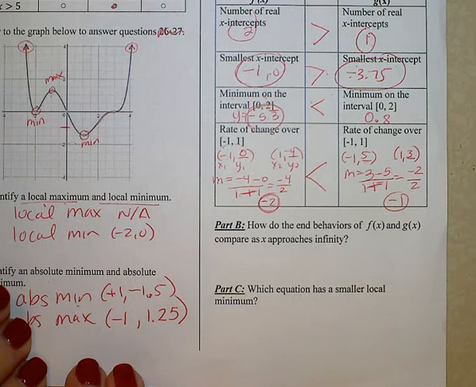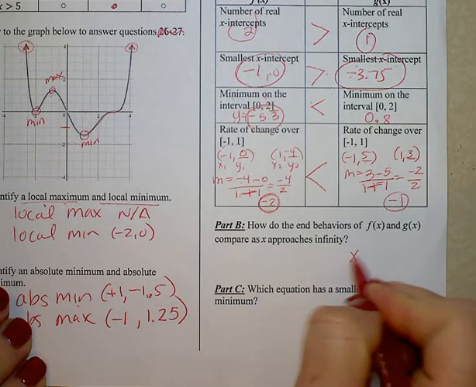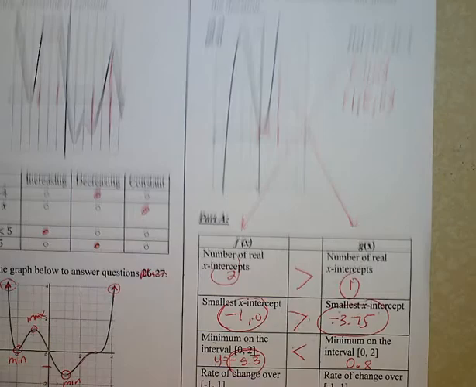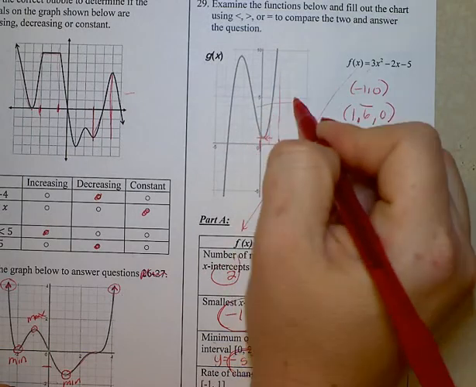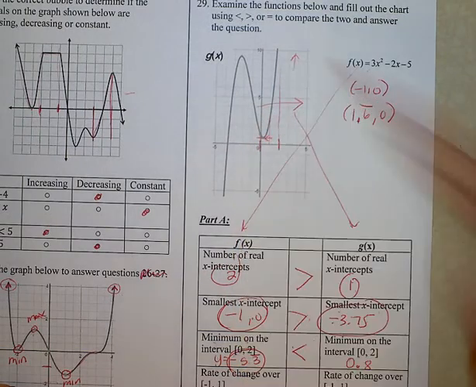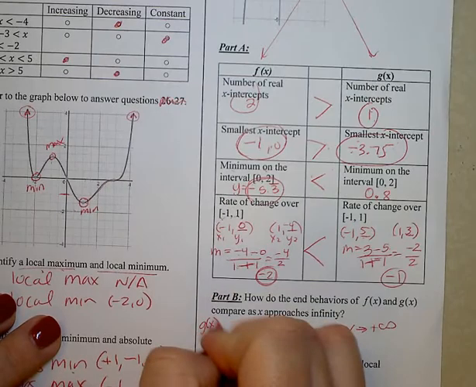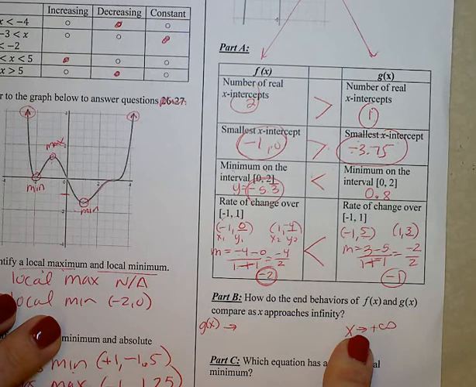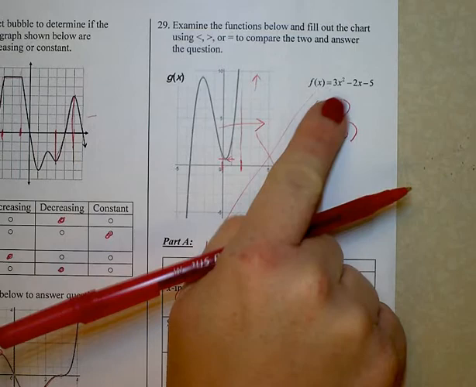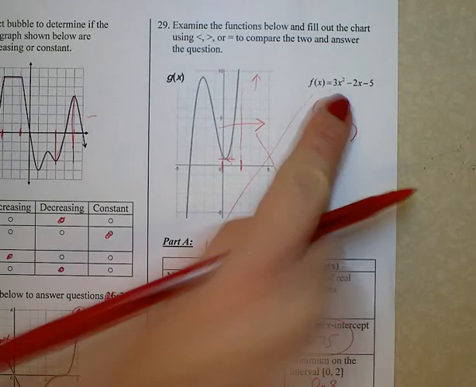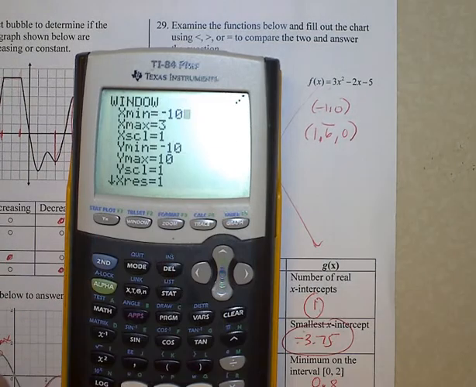How do the end behaviors of the two functions compare as x goes to positive infinity? So for g of x, as you go to the far right, your function is headed up. So for g of x, as x goes to positive infinity, g of x also goes to positive infinity. For this graph, notice it's looking like this. If I pull this back out, you can see it.